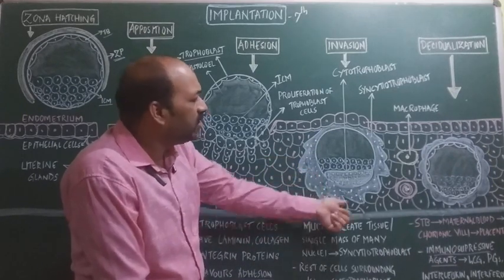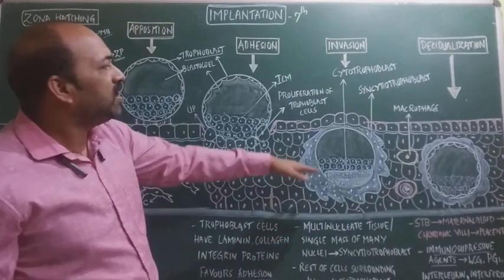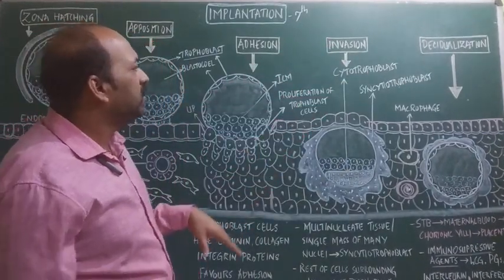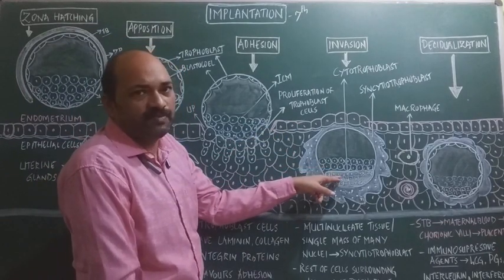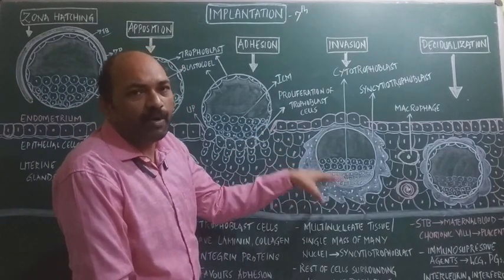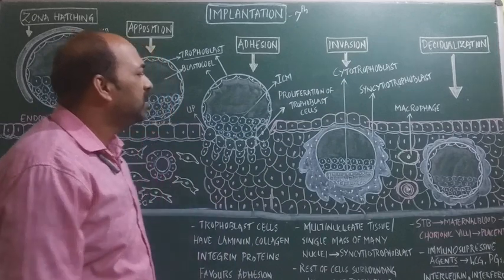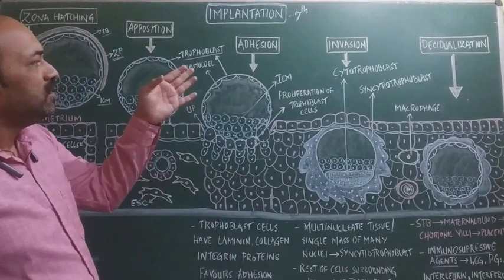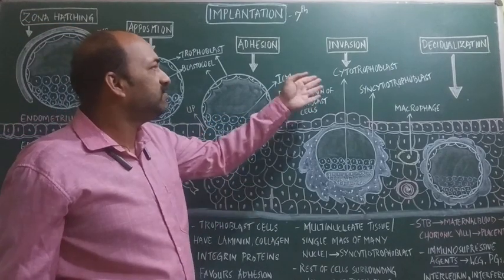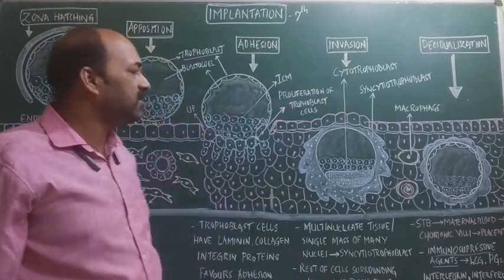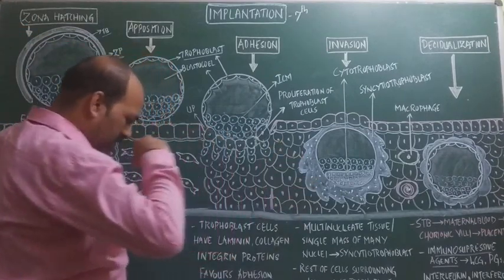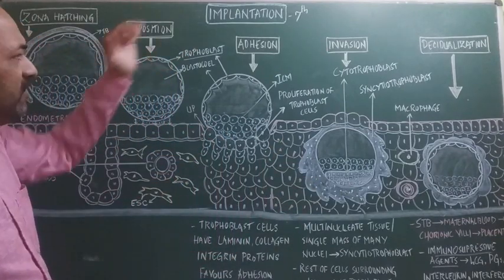That multinucleate condition is called syncytiotrophoblast. And the cells which have cell boundaries are the cytotrophoblast. So in invasion, the trophoblast divides and gives rise to cytotrophoblast and syncytiotrophoblast. This is the step called invasion.